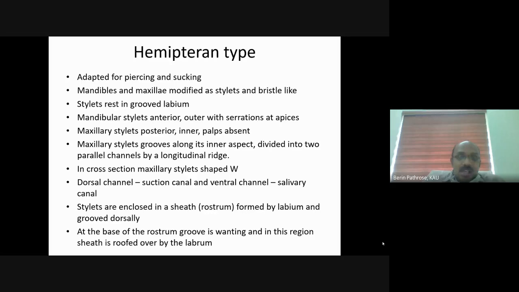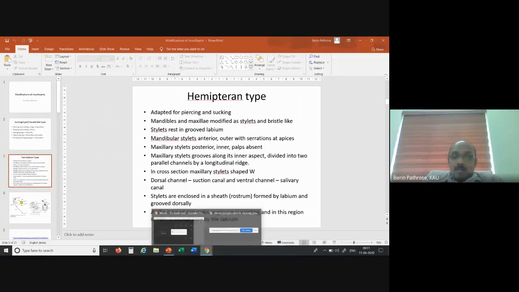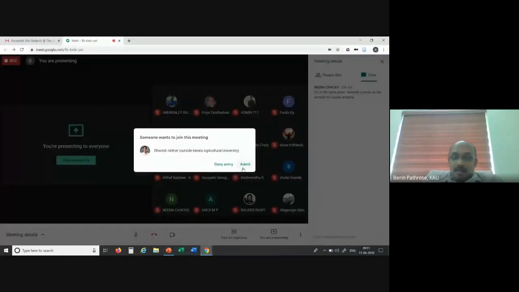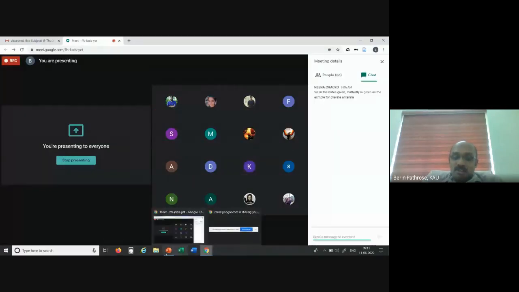Here, in order to enable the piercing and sucking habit of the insect, the mandibles and maxillae of the insect are modified into stylets.